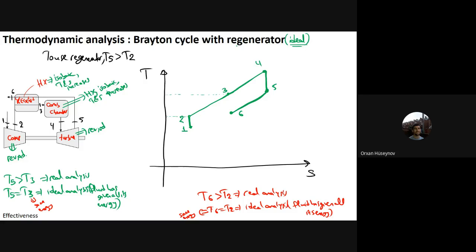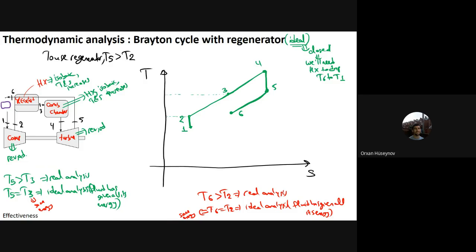Okay, but for the thermodynamic analysis, it should be closed. So the ideal Brayton cycle means that it should be closed. Okay? And to make it closed, we will need a heat exchanger to drop T6 to T1. I will add it with a different color here, so you can see I will add a heat exchanger here.